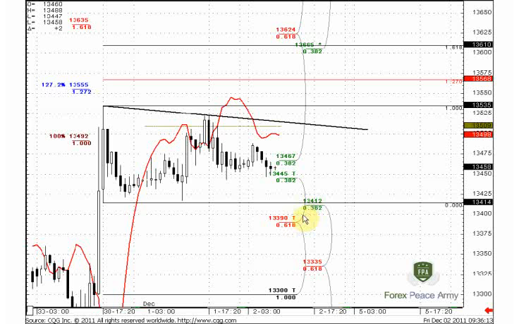So what do we have here? Here we have another butterfly. It stands here. This is the left wing, and that could be the right wing. The 1618 extension of that butterfly stands precisely in the area of the 127 extension of the larger butterflies, around the 135.50 area. So you can see that this area of resistance becomes stronger.